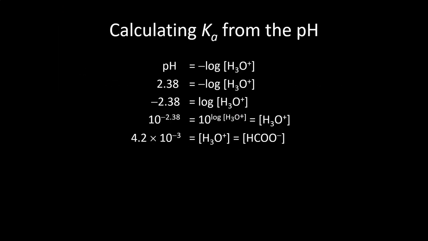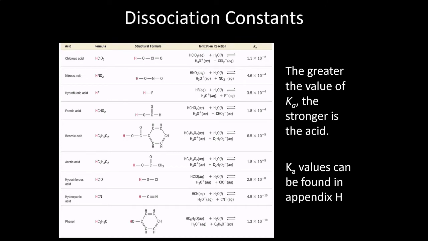Boy, we might have to scroll back a ways. There they are. So here we have HF, and there's HClO. There's 4 orders of magnitude difference there, and that's going to be big enough that we're just going to look at the stronger acid.